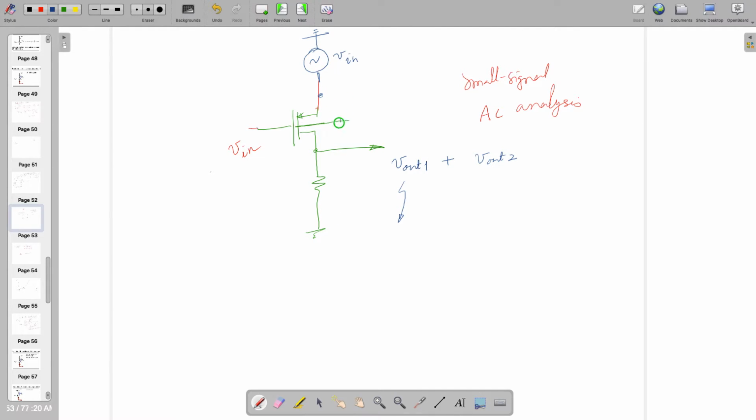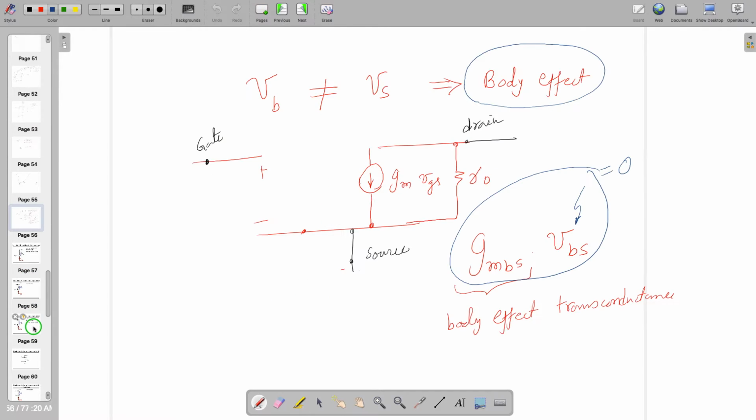Both are at different potentials, so there is an extra current whose value is GMBS times VBS, which is flowing in shunt with GM times VGS. That is what we need to add, and the resistance offered by that particular branch will be 1 by GMBS, as we were finding out for the case of GM times VGS current.